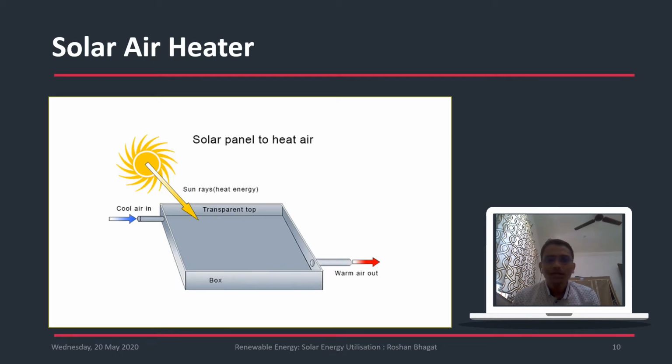Okay, so just like the similar arrangement we have seen in the case of the solar water heater, similar things can be observed with a solar air heater. Air is coming in, and the air is going out. The air which is going out must be a heated one. Again the same kind of box will be there, only this box will be subjected to the flow of air instead of the flow of water.